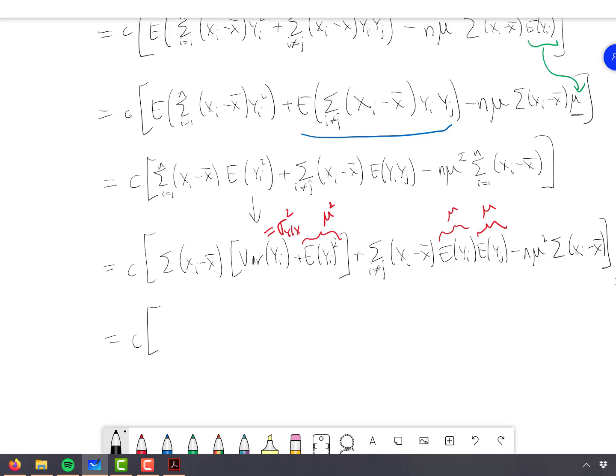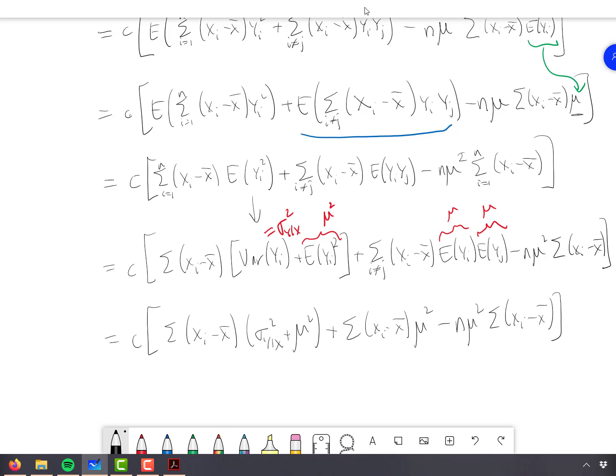And so if we plug those in, we have the sum of xi minus x bar times sigma squared y given x plus mu squared, plus the sum of xi minus x bar times mu squared, minus n times mu squared sum of xi minus x bar.